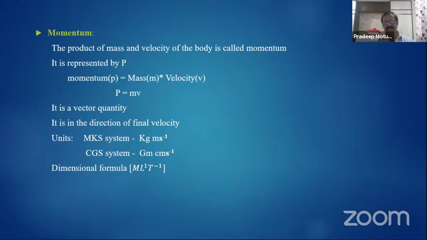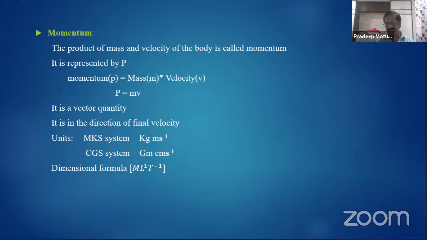A body in motion has both quantities, mass as well as velocity. The product of mass and velocity is called momentum. It is represented by the capital letter P. P is equal to, simply, mv.